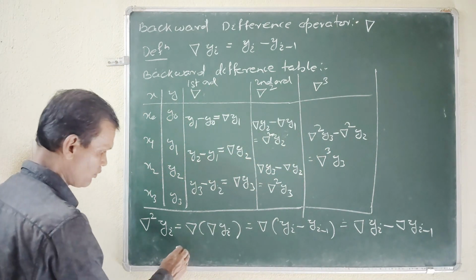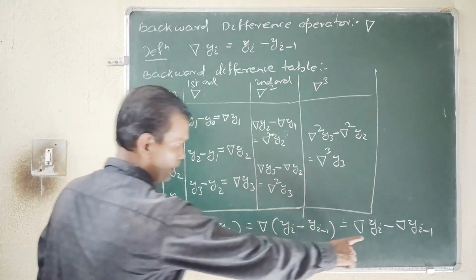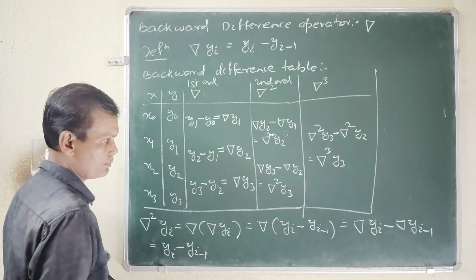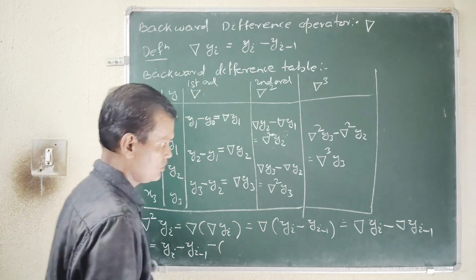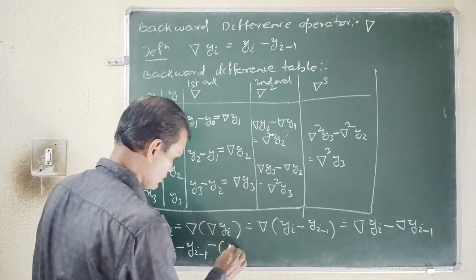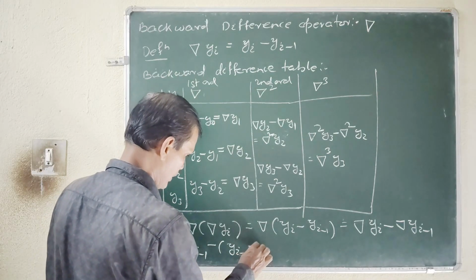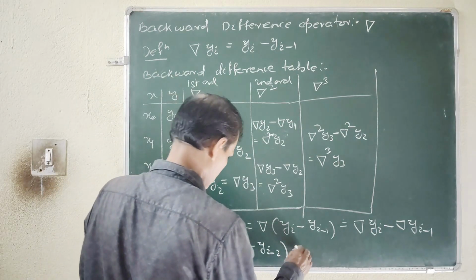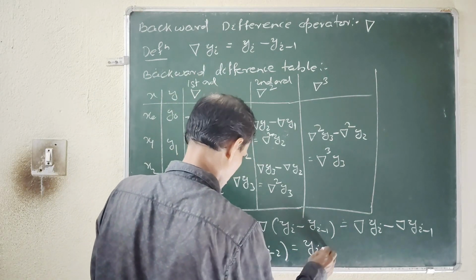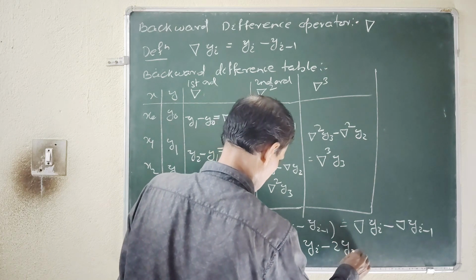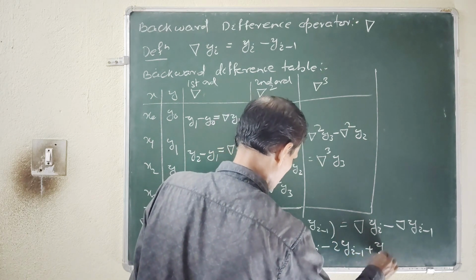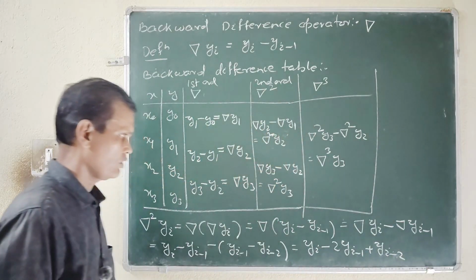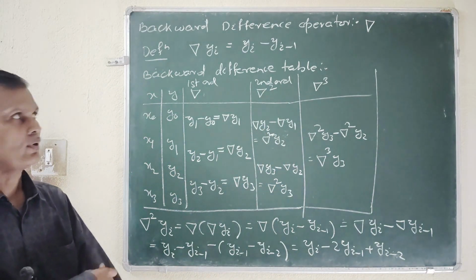So we write yi minus yi minus 1 minus, yi minus 1 minus yi minus 2. If you expand, that gives yi minus 2 yi minus 1 plus yi minus 2. So this is the second order backward difference.